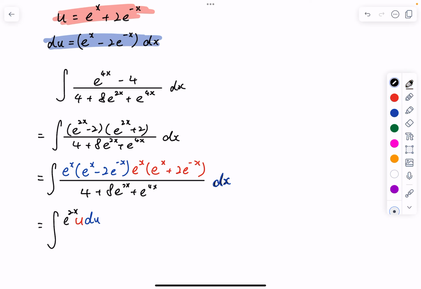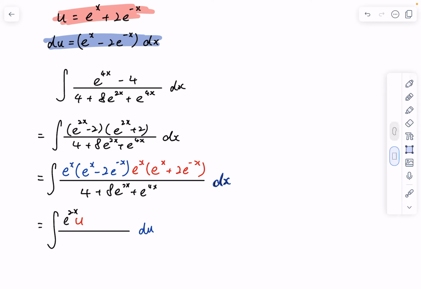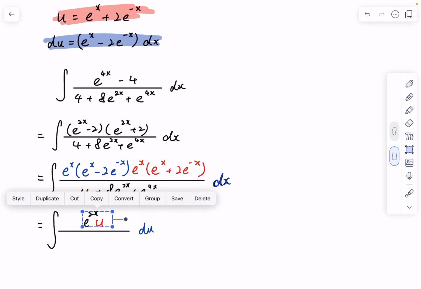Now there is the e to the power of 2x on top, and we still want the e to the power of 2x on the bottom. Maybe I put the du outside, that seems like a better one.